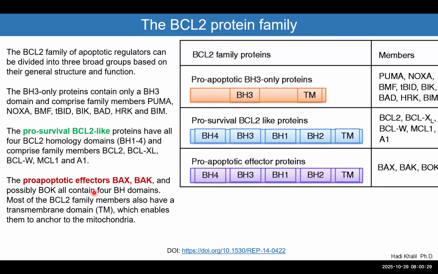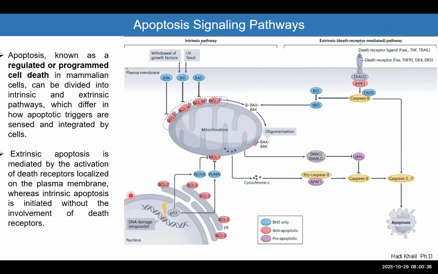But these pro-apoptotic effectors are normally sequestered by the BCL2 that you can see in the slides here. So BCL2, BCL-XL, BCL-W, and MCL1 sequester BAX and BAK at the mitochondrial level.